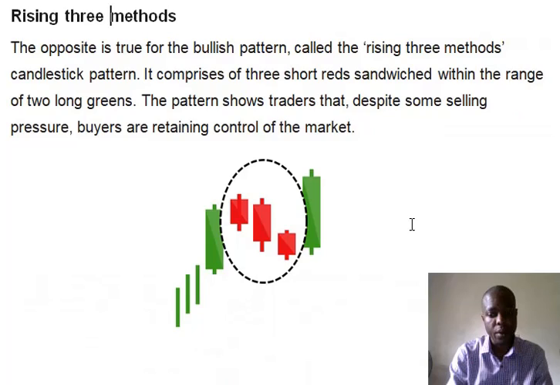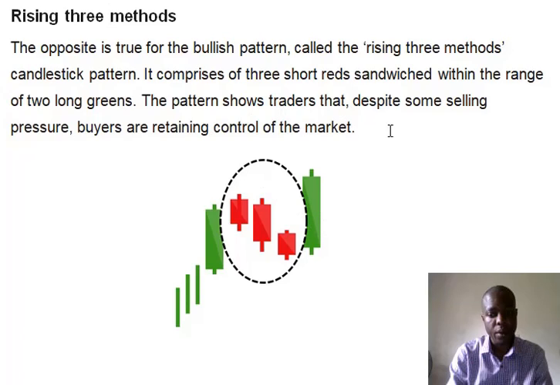The next candle we have is the rising three methods. The opposite is true for the bullish pattern called the rising three methods. It comprises three short reds, you can see 1, 2, 3, three short reds sandwiched within the range of two long greens, the first green and the second green.